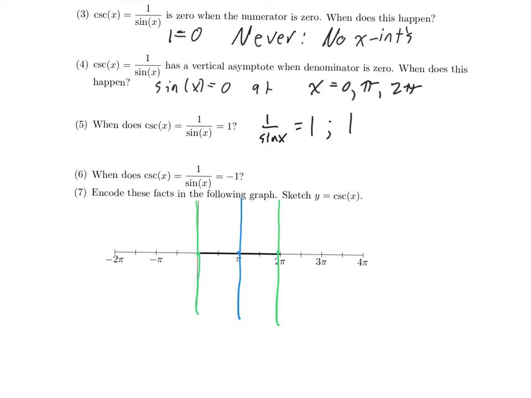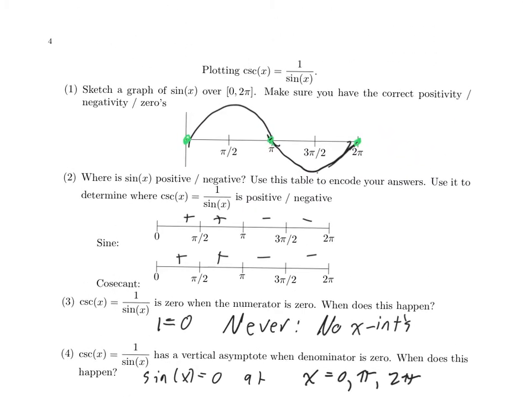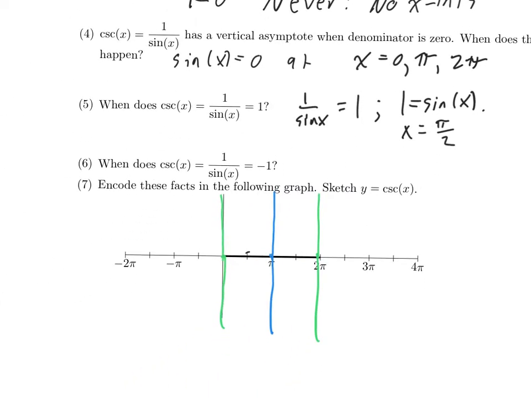So I guess that means we need to solve 1 equals sine of x. By looking at this, it looks like sine of x is 1 at x equal to pi over 2. So when x is pi over 2, sine of x is 1. So there's this point at pi over 2, comma 1.